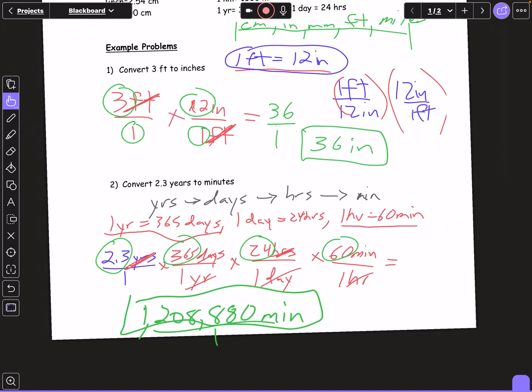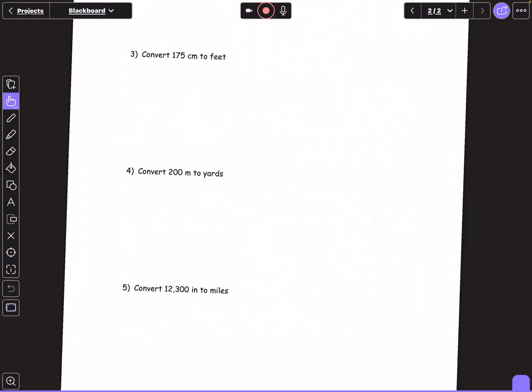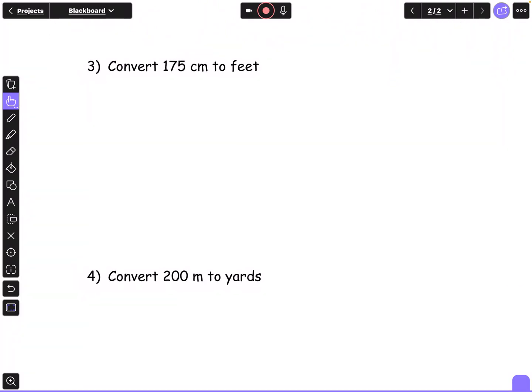All right, so if we look at the next example, I'm going to convert 175 centimeters to feet. So to go from centimeters to feet, if you look at your chart, I don't have one step where I can go centimeters to feet. But what I can do is go from centimeters to inches and then go to feet.